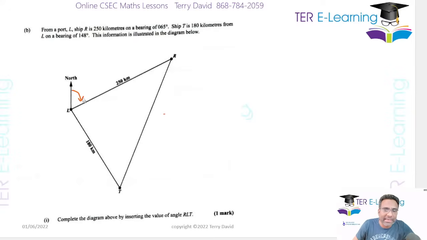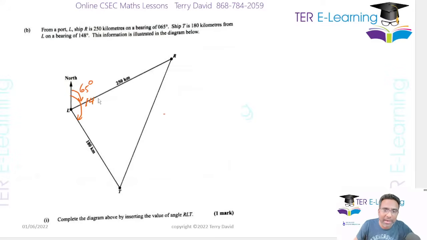They said that this first bearing here is the bearing from port L of ship R, so this here is 65 degrees. That's what we know. The ship T, that's down here, is 180 kilometers from L on a bearing of 148. So therefore, this whole angle here is 148 degrees.